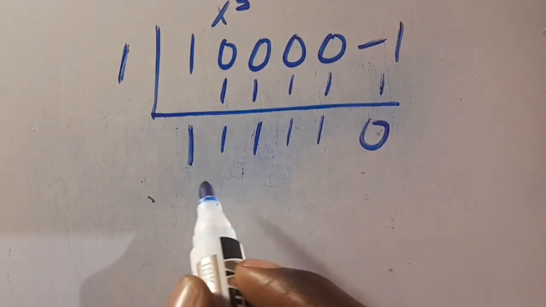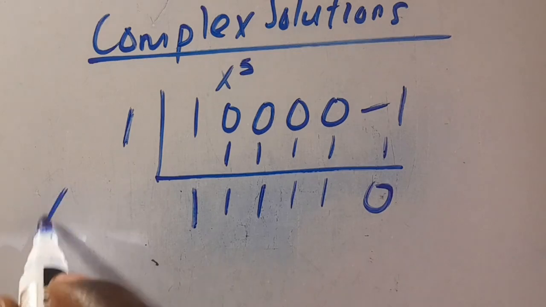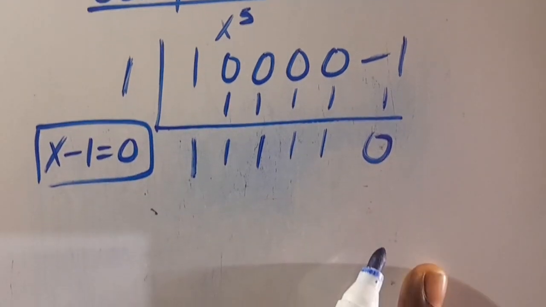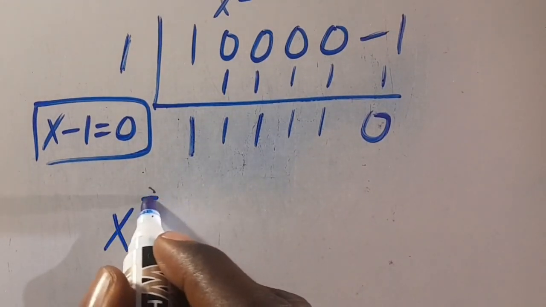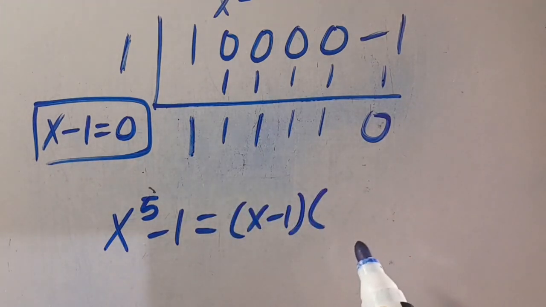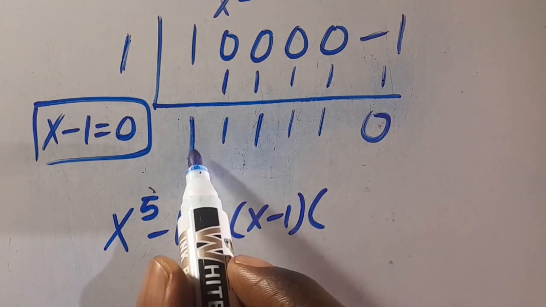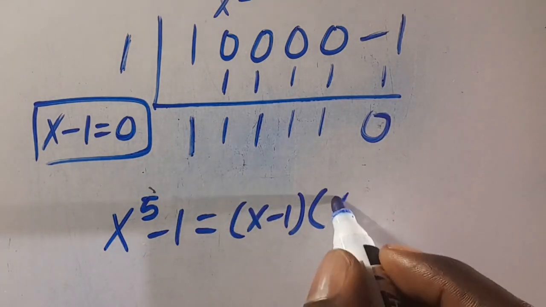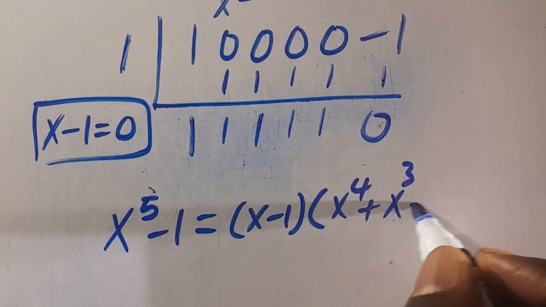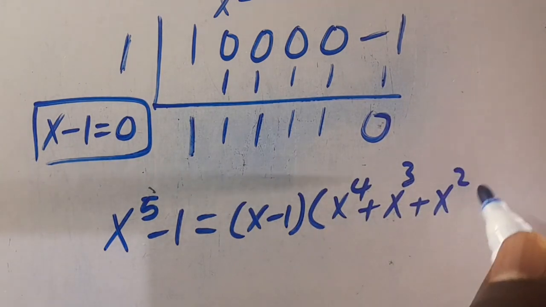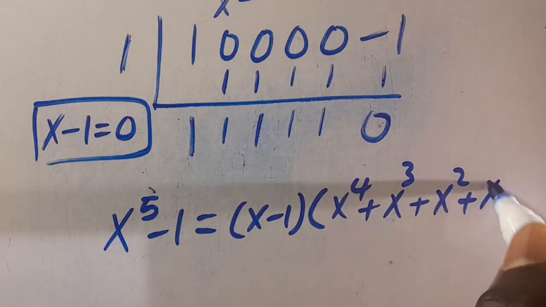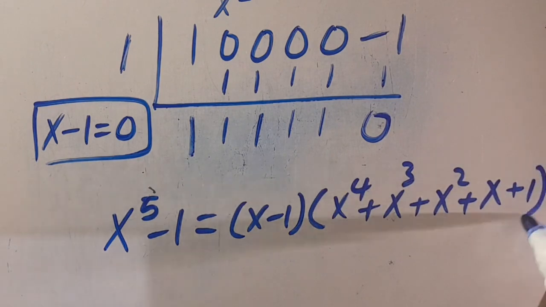So now, since we reduce this with the factor x minus 1 equals 0, we have that x to the power of 5 minus 1 is reduced as x minus 1 multiplied by, this one being the coefficient of x to the power of 4, multiplied by x to the power of 3, plus x to the power of 2 plus x plus 1 as this.